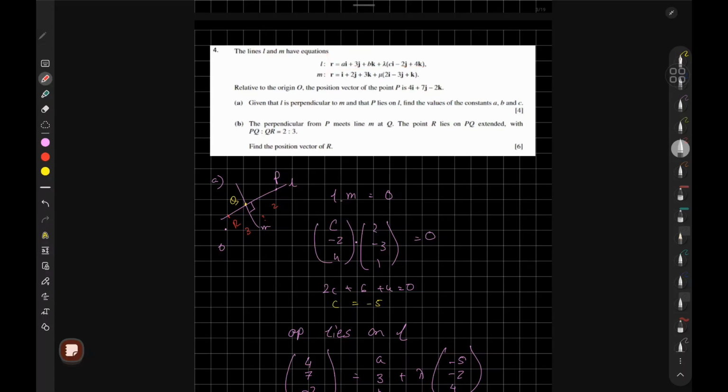What is the vector for L? This is the vector c, minus 2, 4. And what is the vector for M? 2, minus 3, 1. So you write that over here and find the scalar product, which is 2c plus 6 plus 4. You make c the subject and you get your first winner, which is c. So you already secured 1 mark, which is the value for c.